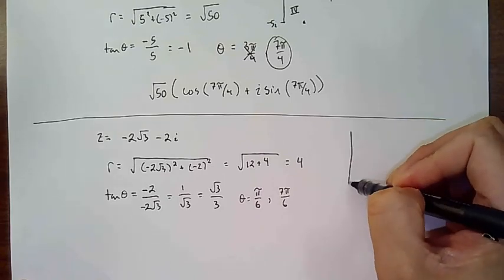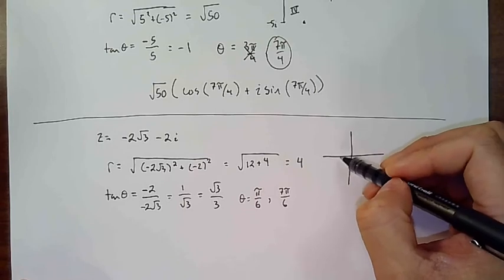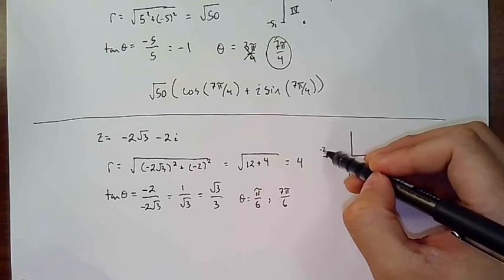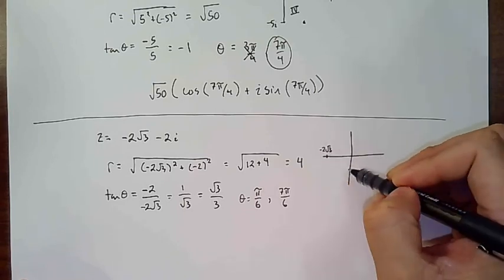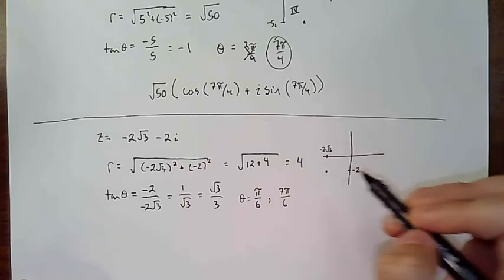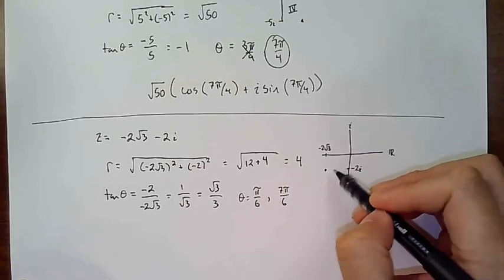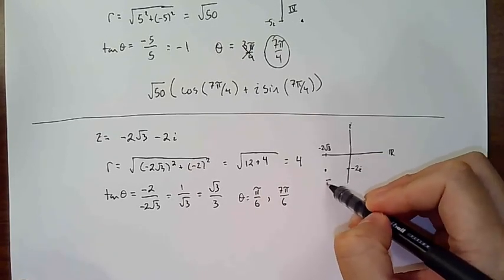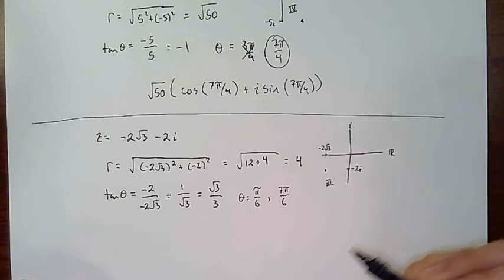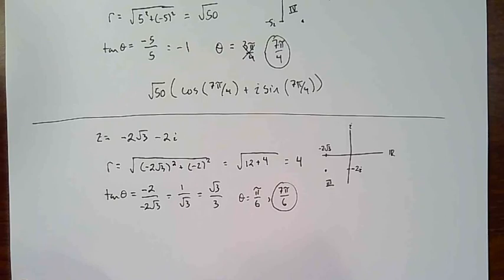Well, let's diagram our point. So -2 root 3, and then -2 here. So this is the real axis and the imaginary axis. So this is in quadrant 3. The angle that is also in quadrant 3 is 7 pi over 6.